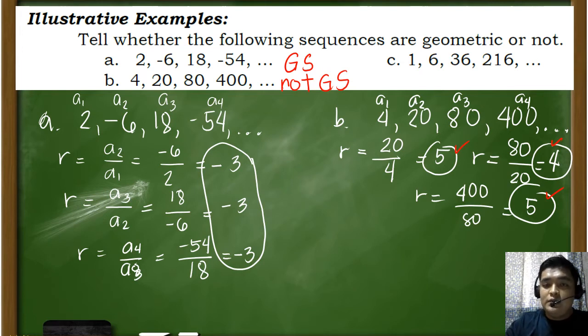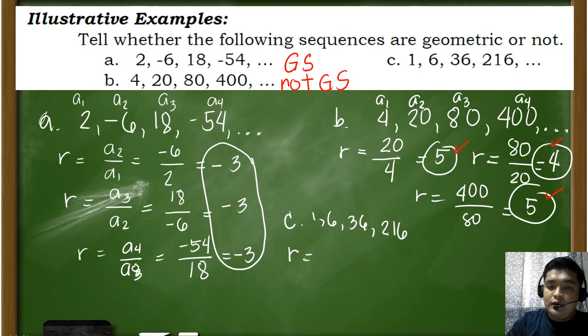Letter C is 1, 6, 36, and 216. Okay, let's try. R is the second term divide first term. What is 6 divide 1? It is 6. Okay, R next, 36 divide 6. What is 36 divide 6? Okay, very good.